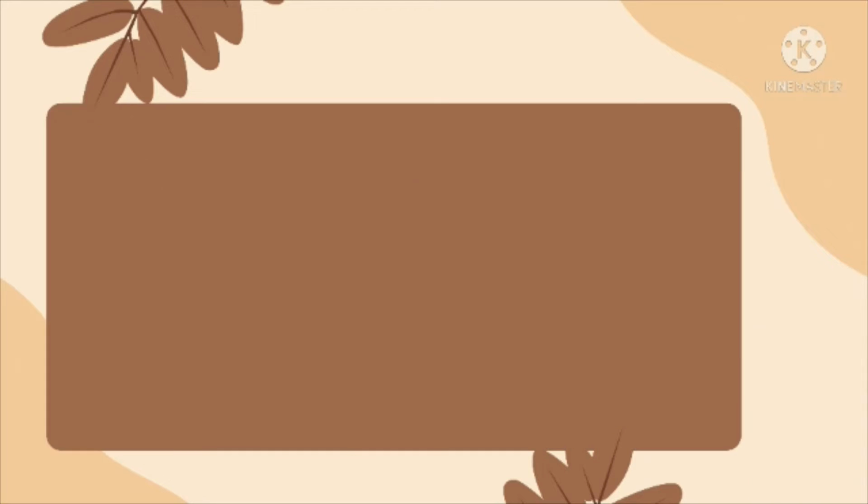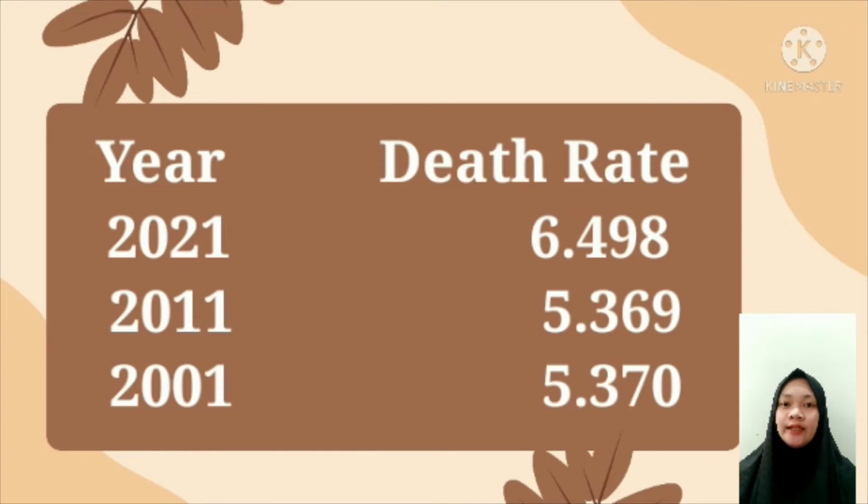Now, let's proceed to the death rate of South Korea. The death rate in 2021 was 6.498, and in 2011 was 5.369, while in 2001 was 5.370.